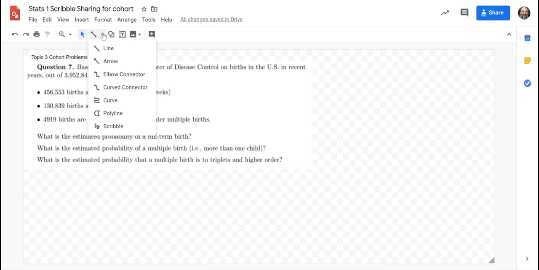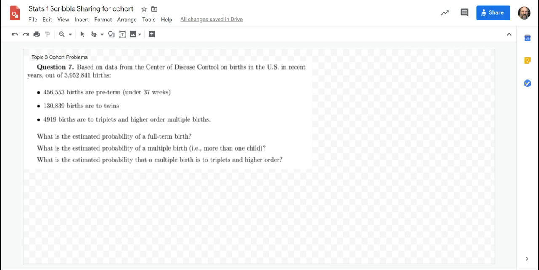So for the first one, the estimated probability of full-term births, all births is the sample space. The event is full-term births. And as we know, the probability of an event is the size of the event divided by the size of the sample space. That's turning counts, frequencies, into a percentage, relative frequency.